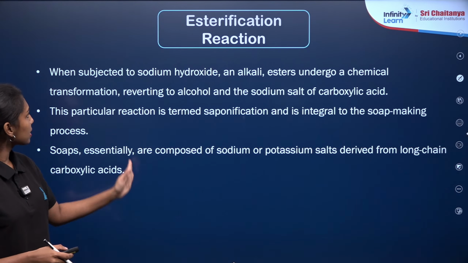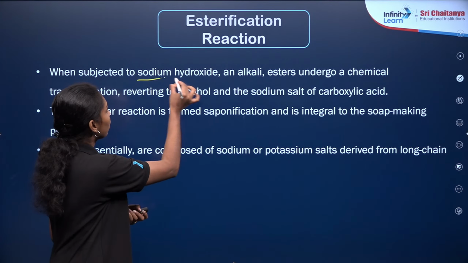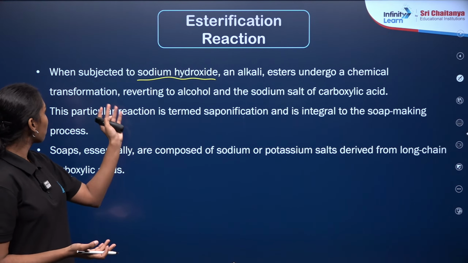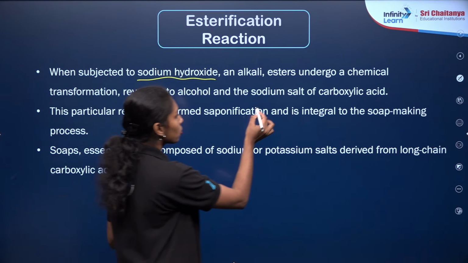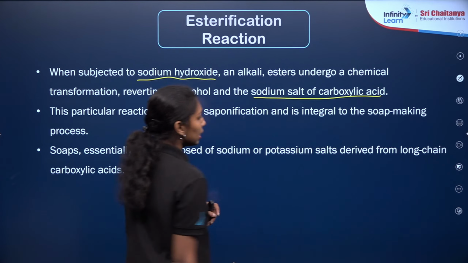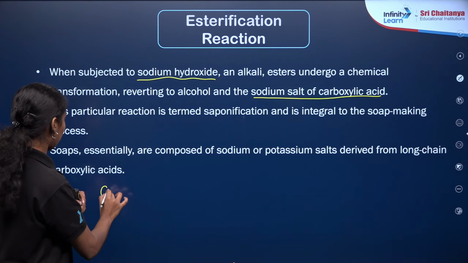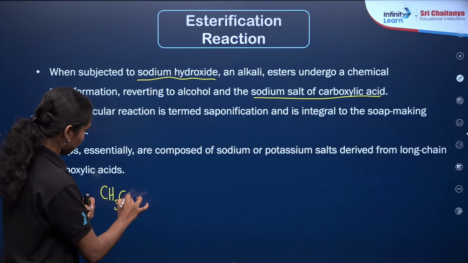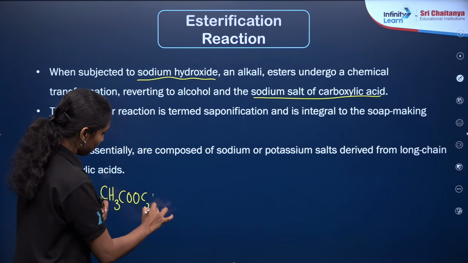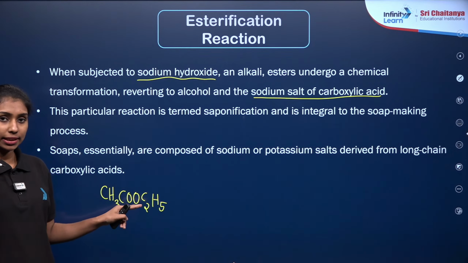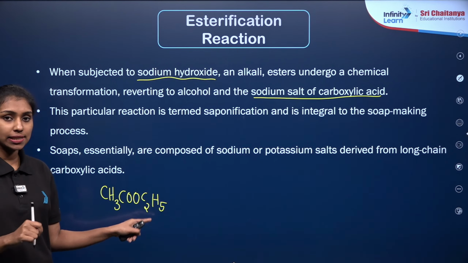Yes, again, they are repeating the same thing here. If you are taking sodium hydroxide as an alkali, these esters undergo a chemical transformation to form the sodium salt of carboxylic acid, right? As we already know, for example, this will be our ethyl ethanoate, the ester formed as a result of ethanoic acid and ethanol.